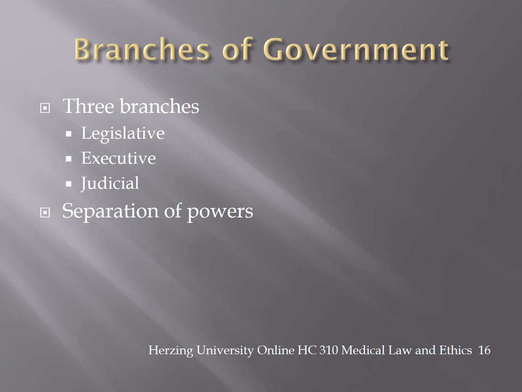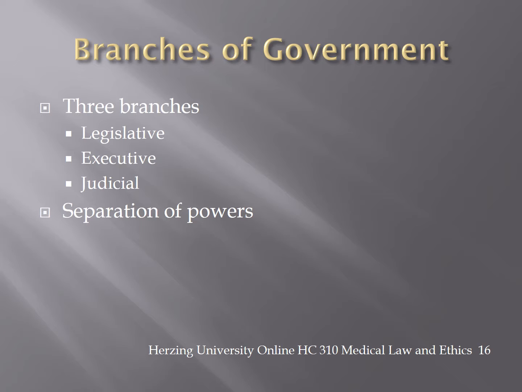The branches of government. There are 3 branches of government in the United States. This works at the federal and the state level both. There's the legislative branch, which consists of the 2 houses of Congress as well as in the state legislature, the House and the Senate.